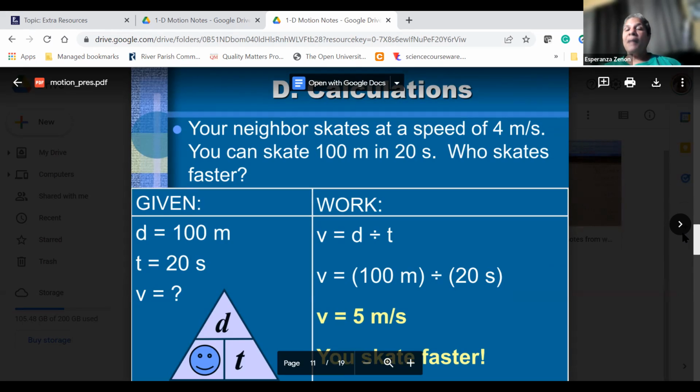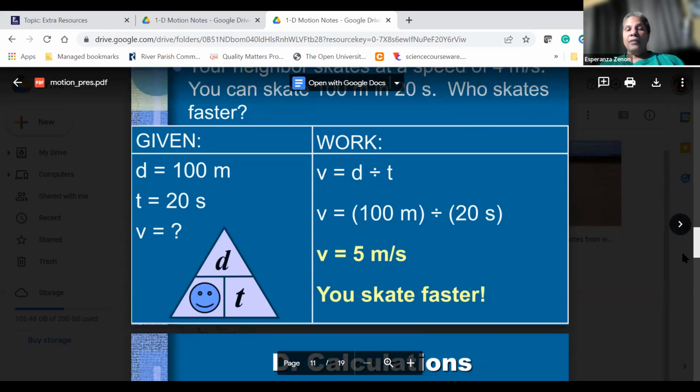So I can find my speed by doing what? Distance divided by time. But the nice thing is that I don't have to worry about it in terms of an equation. In my pyramid, if I want my speed, I just take what? My distance divided by time. 100 meters divided by 20 seconds, 5 meters per second. So the neighbor is only going 4 meters per second. I'm covering 5 meters per second. So that means what?